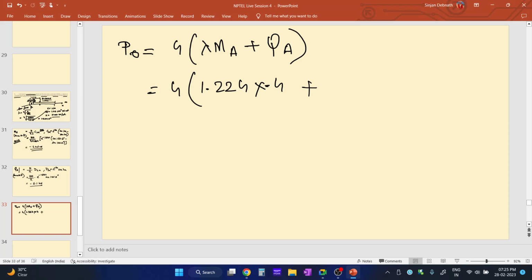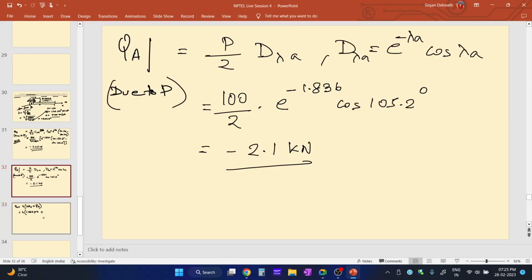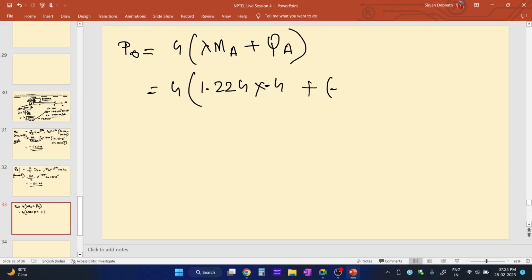What is QA? QA is minus 2.1. Okay. So if you solve this, you will get P0 is equal to minus 28 kilonewton, the end conditioning force.